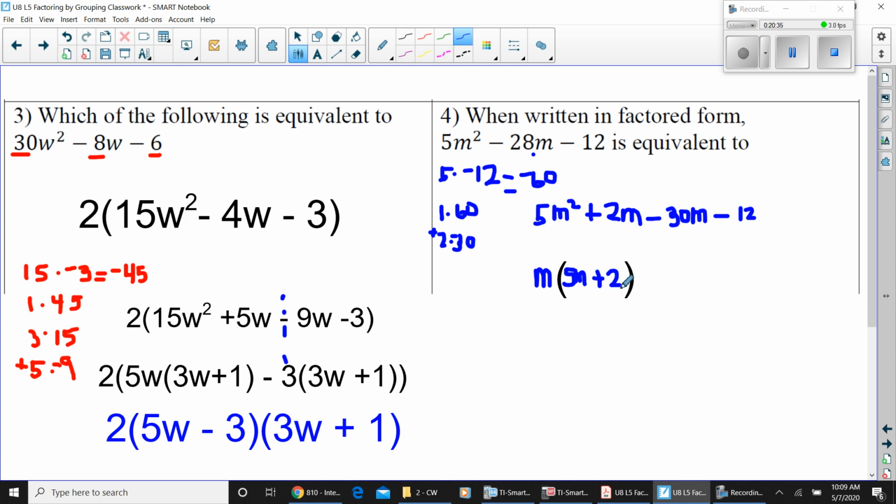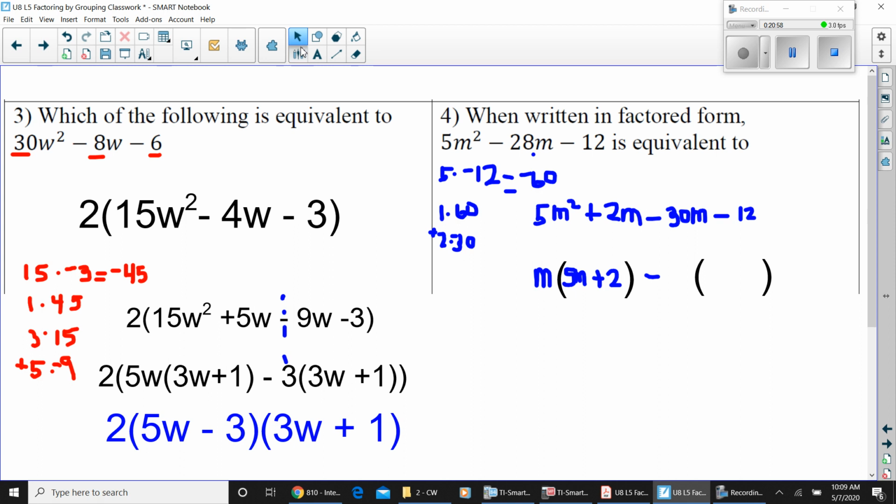Now this 5m plus 2 should be the same binomial that is in the parentheses in the second half. So let's see if it is.